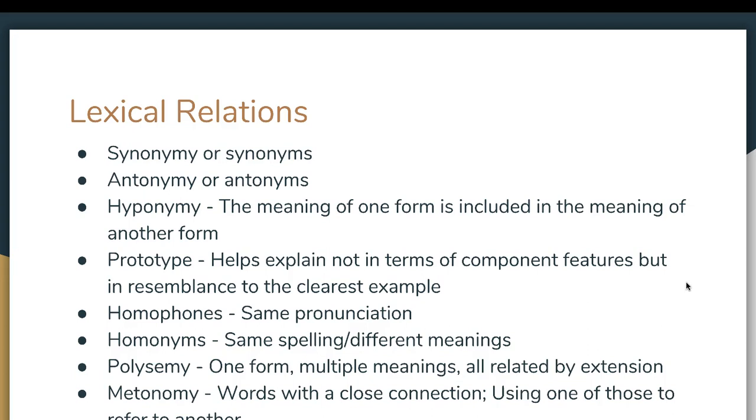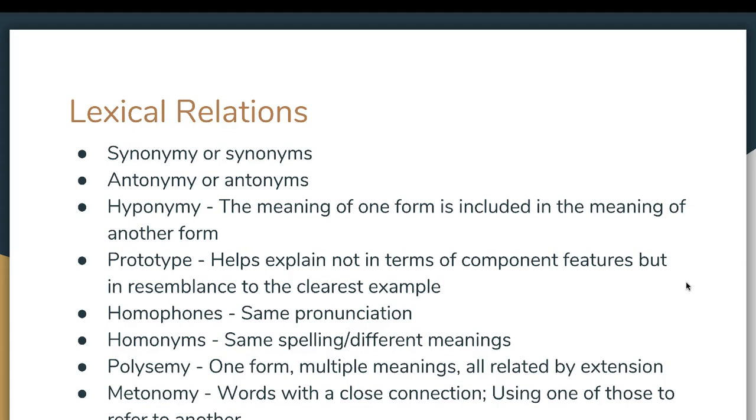Okay, and then metonymy are words with close connection. So we might use one of those to refer to another. Like if we were talking about the White House, we would probably refer to the president. Or talking about a crown, we might refer to a king.